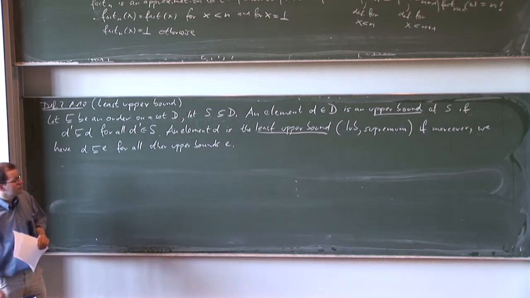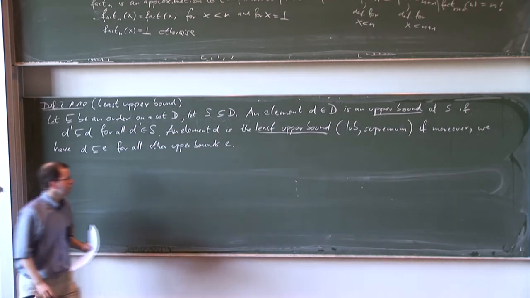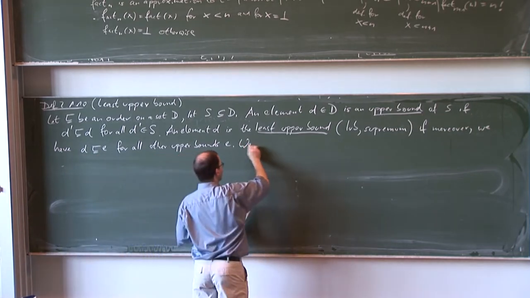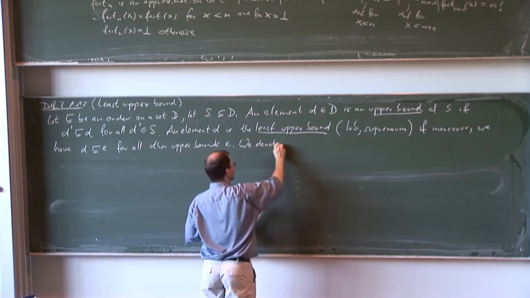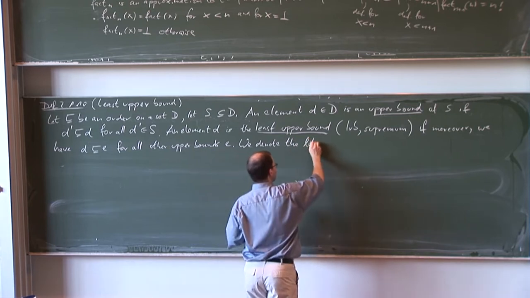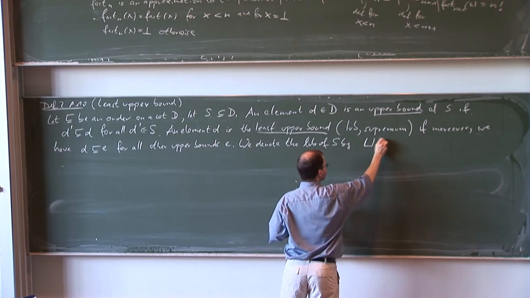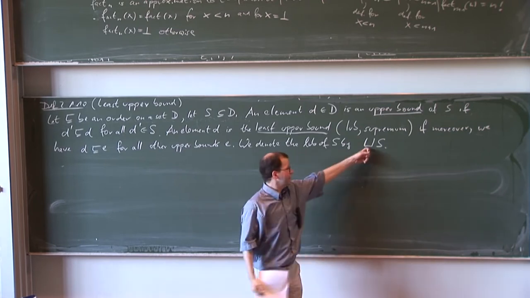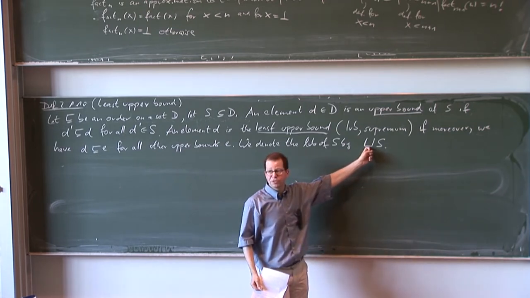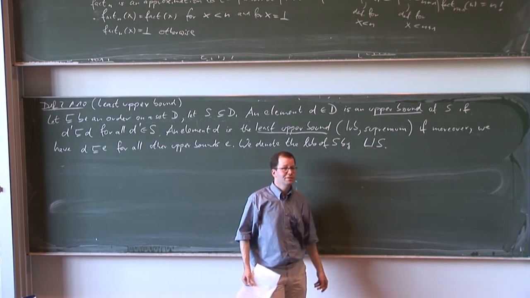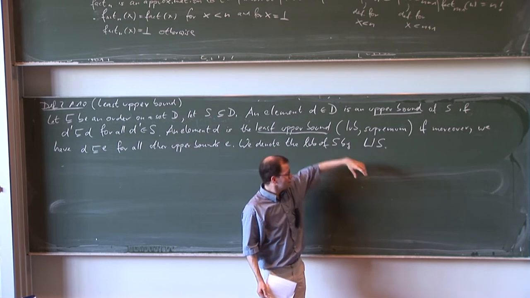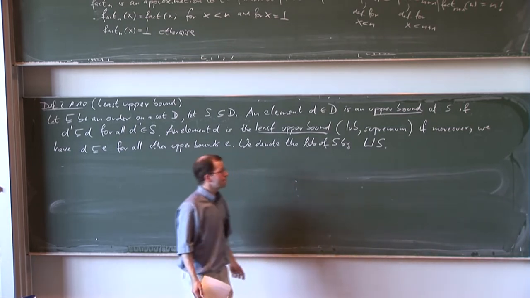And to write this in a short way, we denote the least upper bound of S by this sign. So it is like this less defined or equal relation, but turned around by 90 degrees, and then we get this. So it's the least upper bound sign upside down.